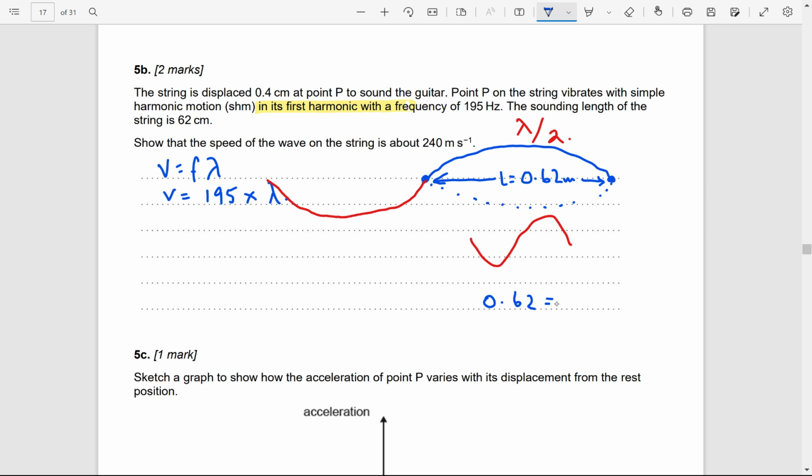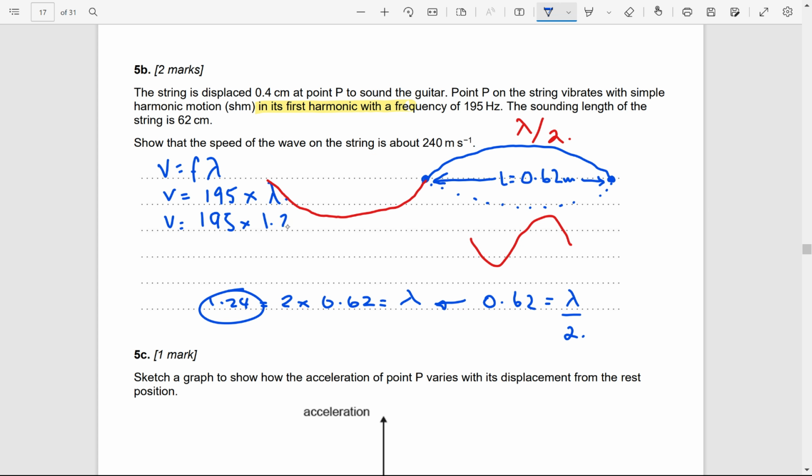If 0.62 equals half a wavelength, therefore one wavelength equals 2 lots of 0.62, which equals 1.24 meters.